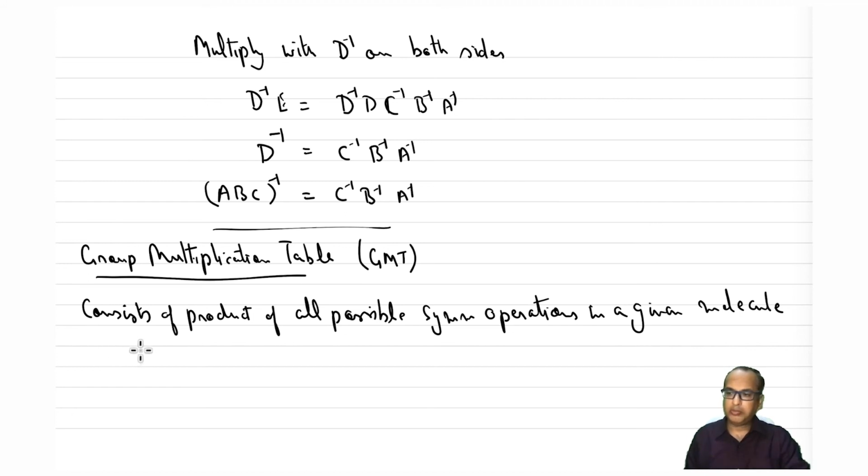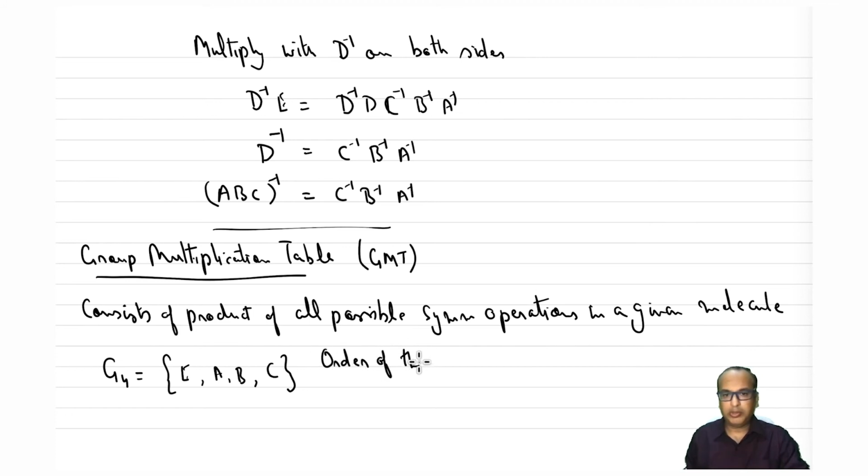So how do you write it? For example, let's say you have a G4. G4 means a group of order 4, which consists of E, A, B, C. Okay, so let's also define order at this point.